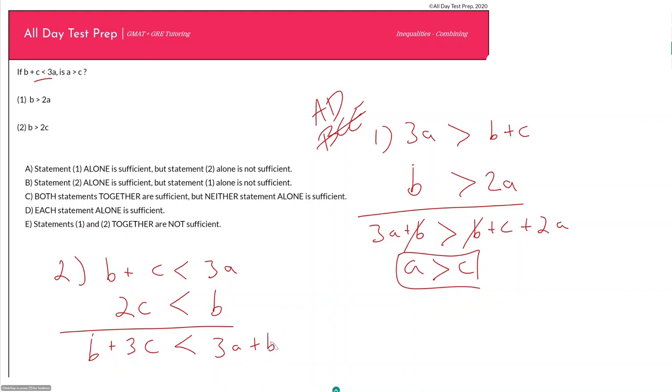Again, first thing I'm looking for is to see if my b's cancel out, which they do. I get 3c is less than 3a, divided by 3, a is greater than c, which is the same thing I had in my first statement. So this is also sufficient. D is the answer. And so that is the last thing we need to know about inequalities.